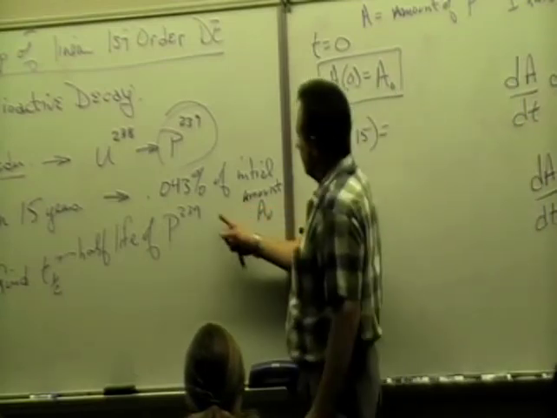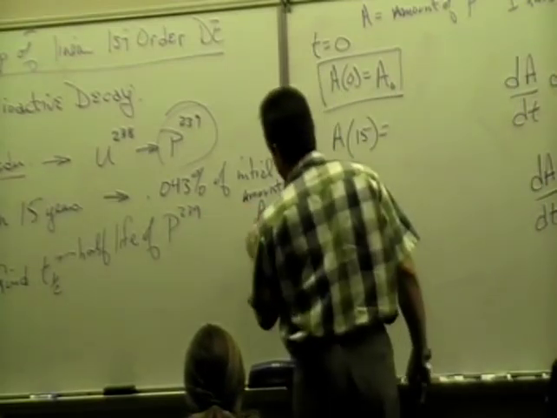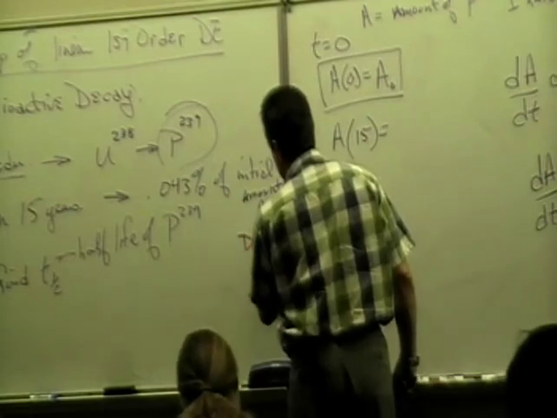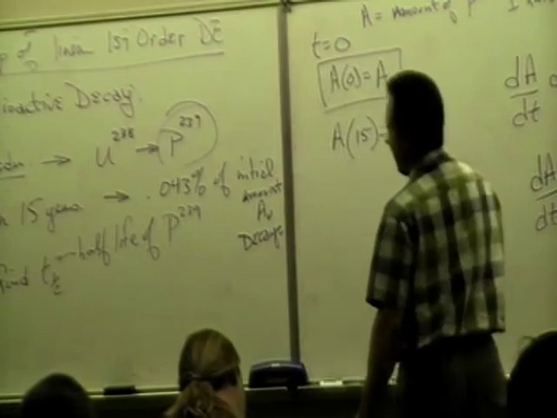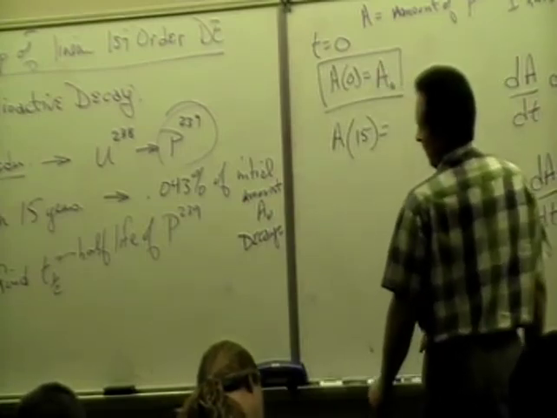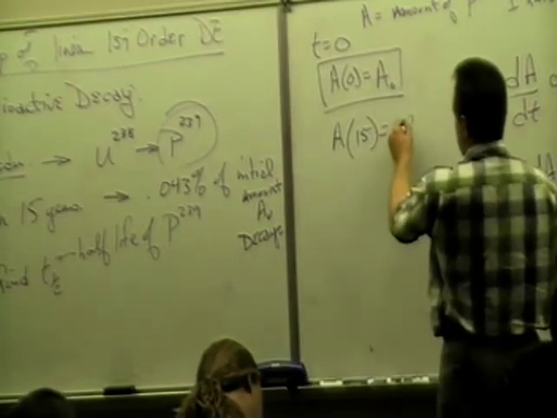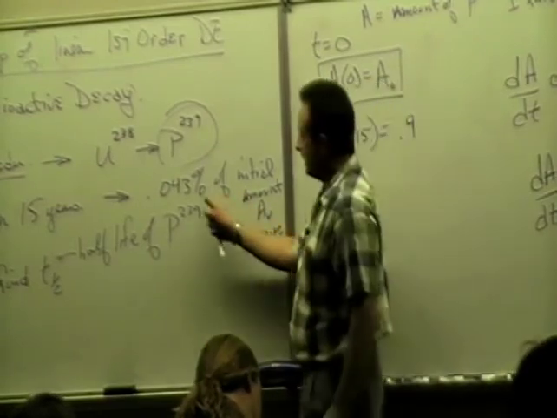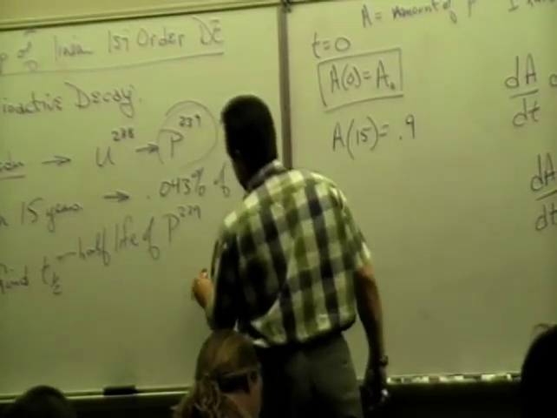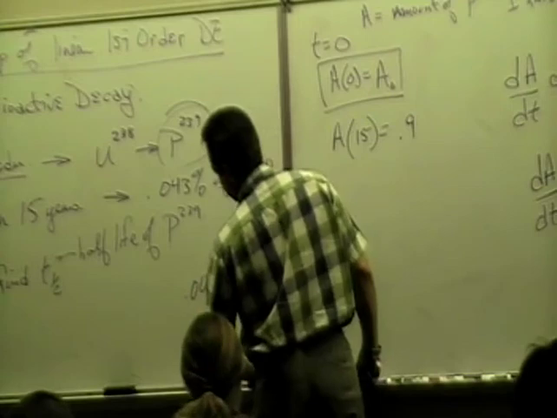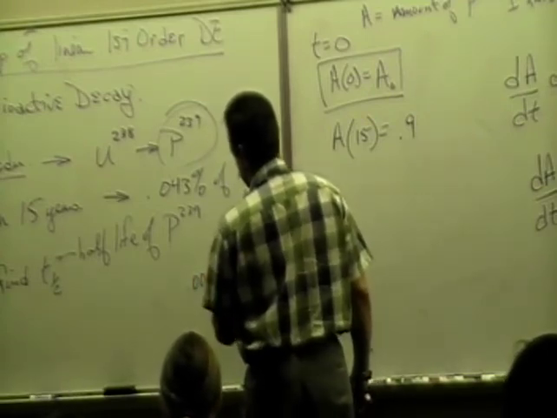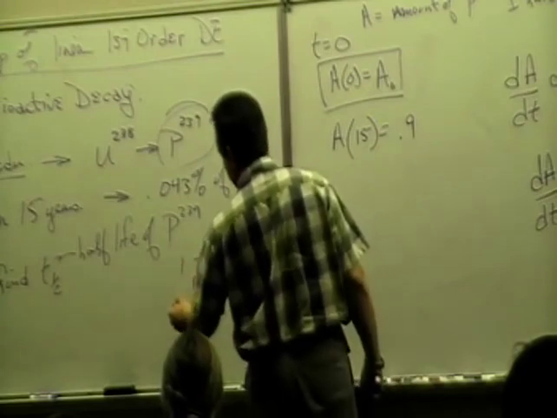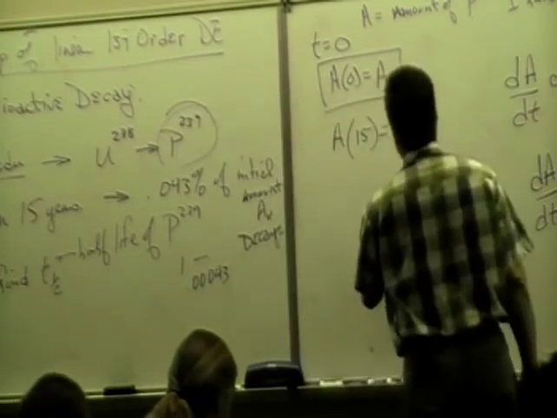Well, if this amount decays, this is the amount that I lose. So how much do I still have then? This is percent, so 0.00043, 1 minus that quantity, what is that?